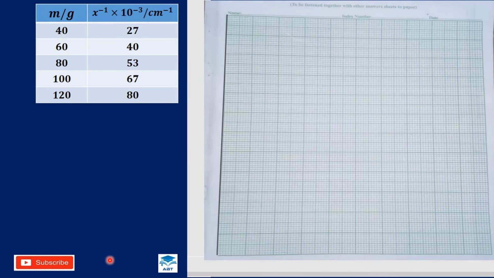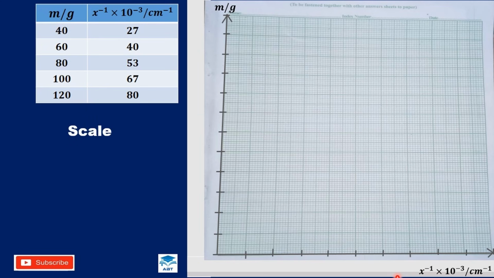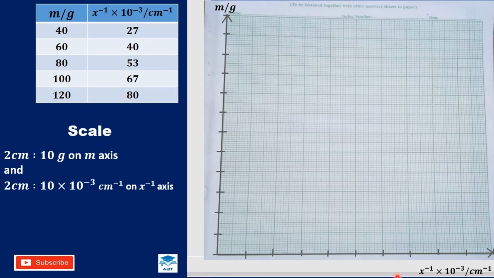So we draw the vertical and horizontal axis. We are plotting a graph of mass on the vertical axis and x inverse on the horizontal axis. So we choose a scale. We are going to choose a scale of 2 centimeters to 10 grams on the m axis.